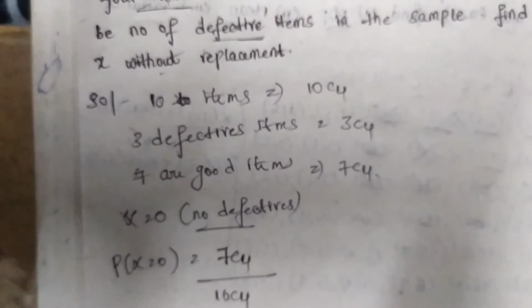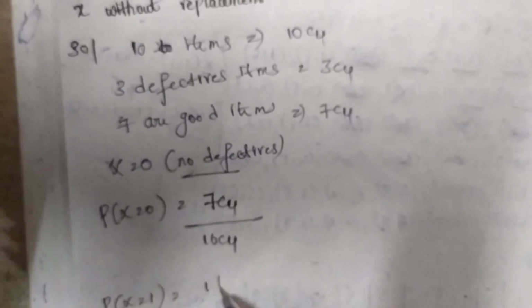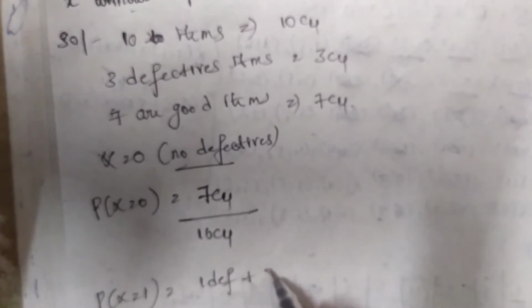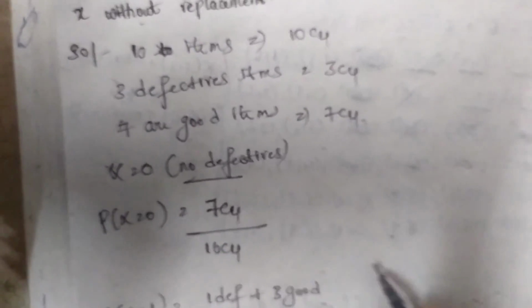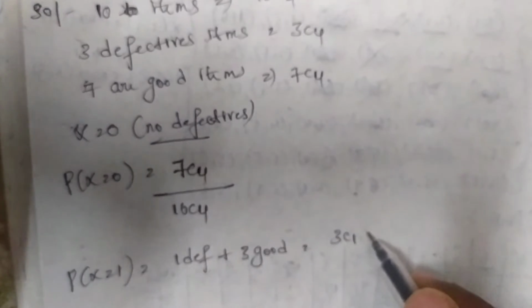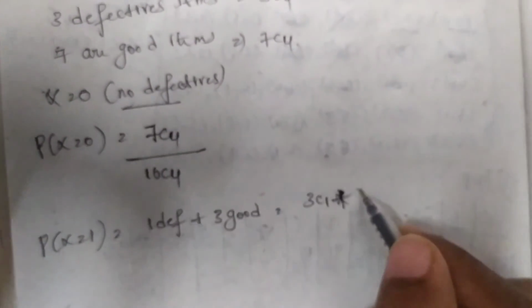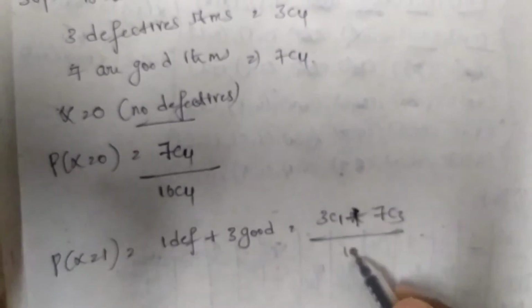For p of x equals 1, we take one defective item and 3 good items, that is 3C1 into 7C3 by 10C4.